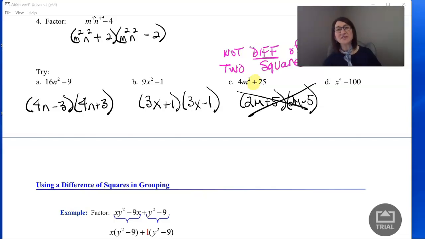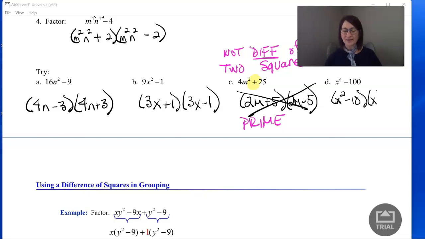This is the sum of two squares. And the sum of two squares is always prime. Okay. Now, let's do this last one really quick. And so that's going to be x squared minus 10, x squared plus 10. There we go. All right.